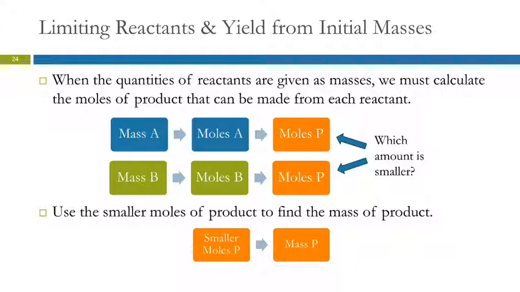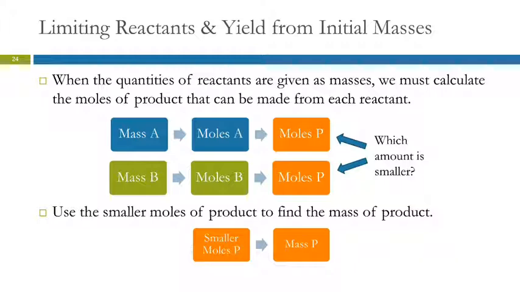So that's looking at the particles, but of course we want to look at masses because that's how we measure things. So there are different ways to approach these problems, and I will do one way because I think it's a good way.